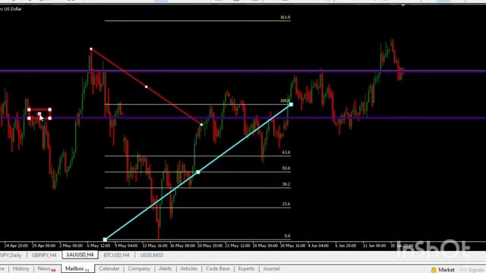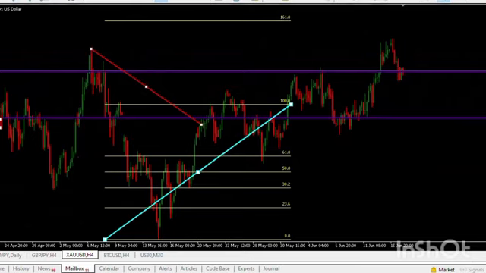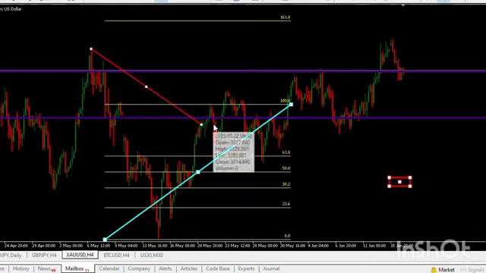This was also a little resistance. So this current part would definitely obey the previous structures of the market. So that is what is really happening.